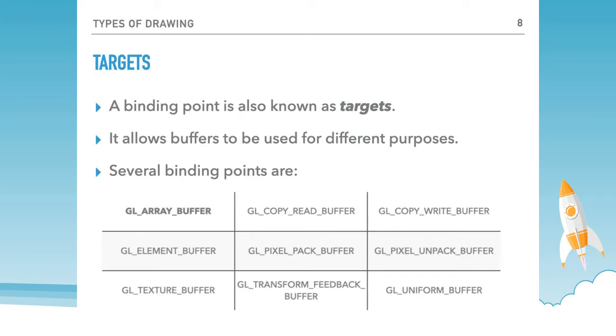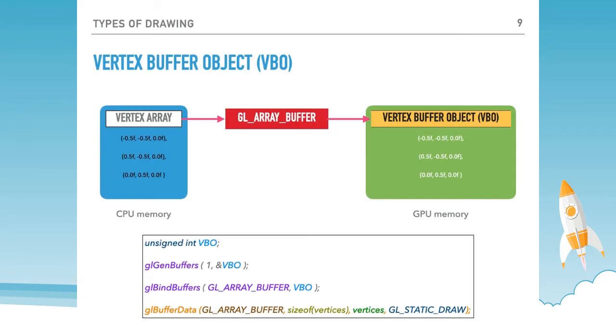The one that we have seen so far is GL_ARRAY_BUFFER. Once you bind to GL_ARRAY_BUFFER as the target, the buffer object becomes a vertex buffer object, which behaves as storage for any vertex data.